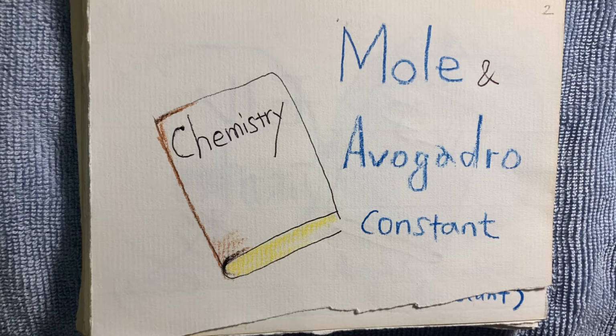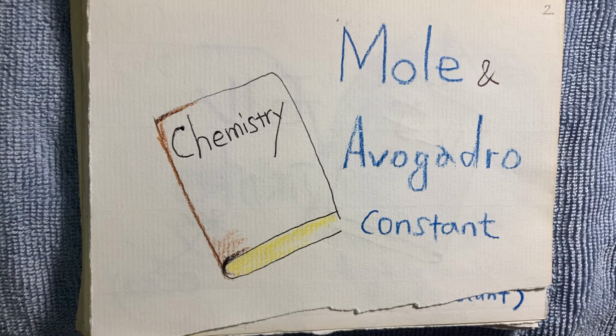In chemistry textbooks, the explanation of the mole and Avogadro constant can be confusing and boring. I think that if textbooks introduced this in a more interesting and engaging way, we would be able to grasp it much more easily.